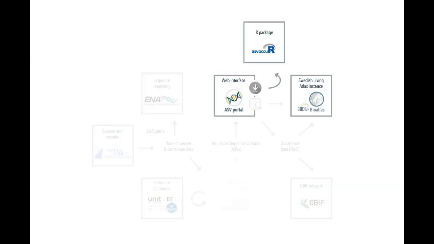Right, so now we've seen how data and metadata are displayed in the BioAtlas, but what if you want to do some analysis on the data? Well, for now, we recommend that you download data directly from the ASV portal and then use our small R package to unpack, merge, and process data into a format suitable for downstream analysis.